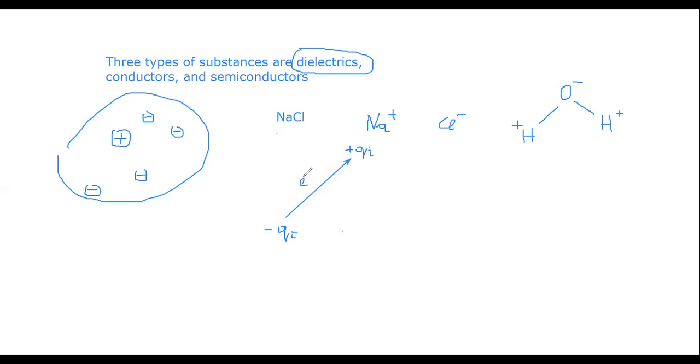Plus Qi, and Li is the vector that is written from the negative to the positive point charge. This pair of positive and negative charge is called an electric dipole.